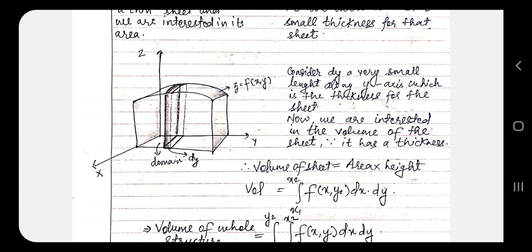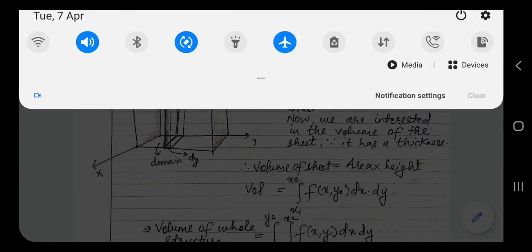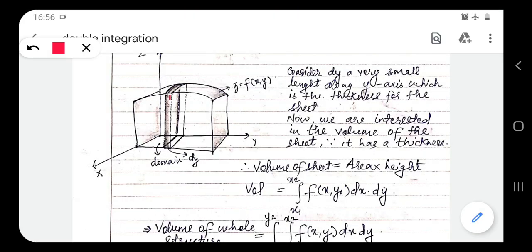Now we are interested in the volume of that sheet because we have some thickness. Earlier we had length and breadth, now we have thickness also. So this slab is going to have some volume.